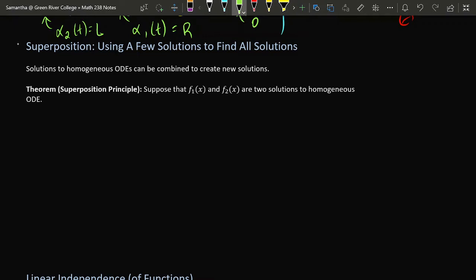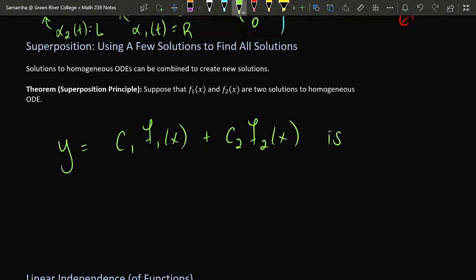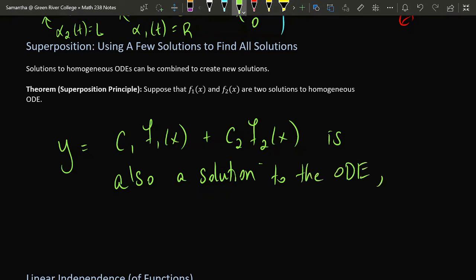If those two functions, y equals f1 and y equals f2, are solutions, and you take a number c1, any number, and multiply it by the first function, any number multiplied by the second function, add them together, this is also a solution to the ODE, regardless of what values you choose for C1 and C2, for all C1, C2 real numbers.